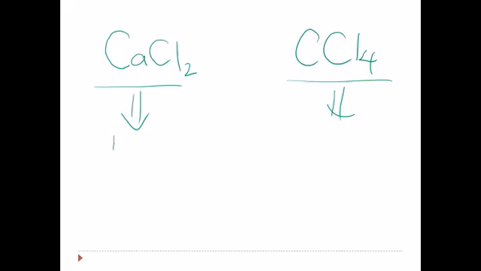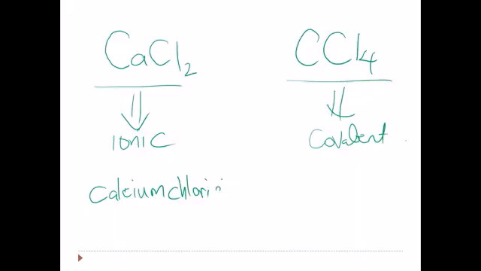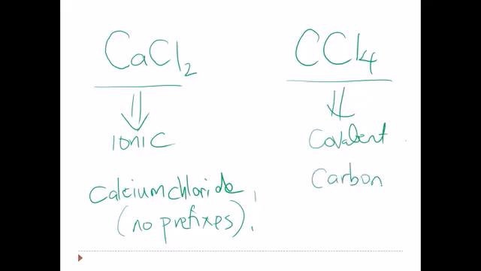So this is ionic, calcium and chlorine. This is covalent. The name of this would be calcium chloride. Notice no prefixes are used. And for this one, this is covalent, so we do use prefixes. So this will be carbon tetrachloride.